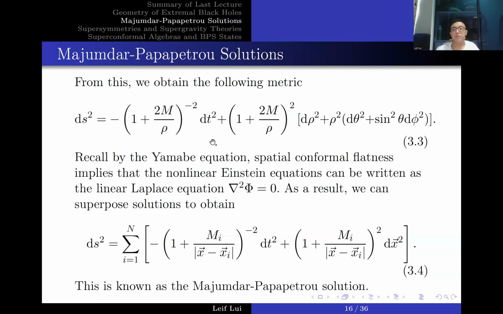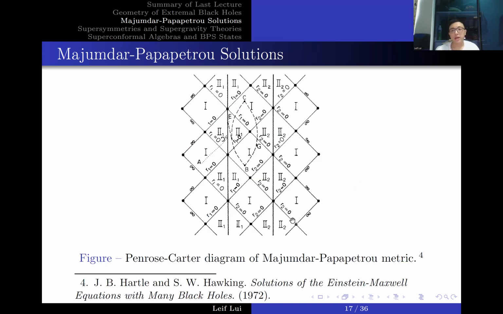And recall from the lecture on multi-black hole solutions for the Schwarzschild metric, the Yamabe equation states that for a spatially conformally flat metric, the nonlinear Einstein equations can be written as a linear Laplace equation. And thus we can superpose the masses, and we obtain the following solution. And this is known as the Majumdar-Papapetrou solution. So what does this look like on a Penrose-Carter diagram?